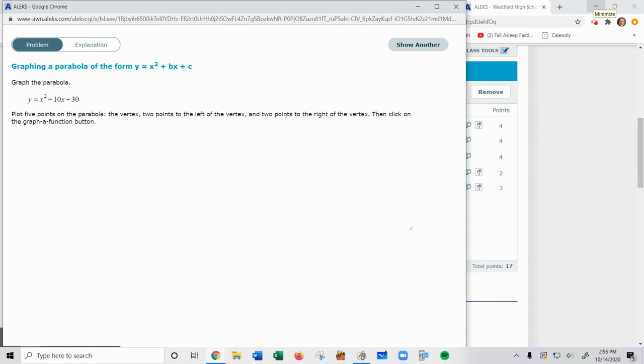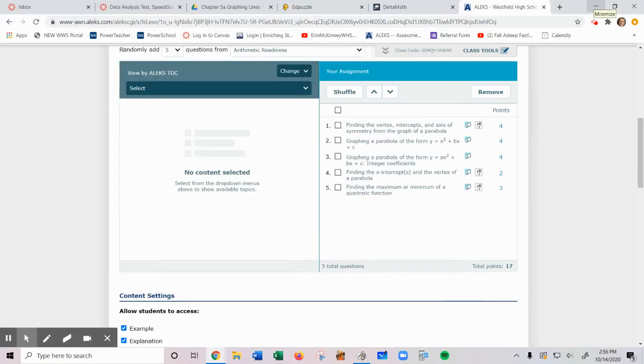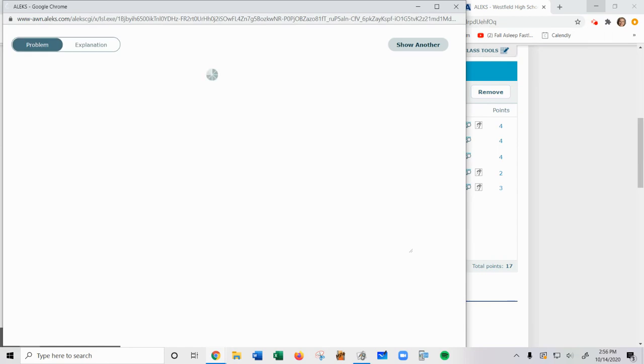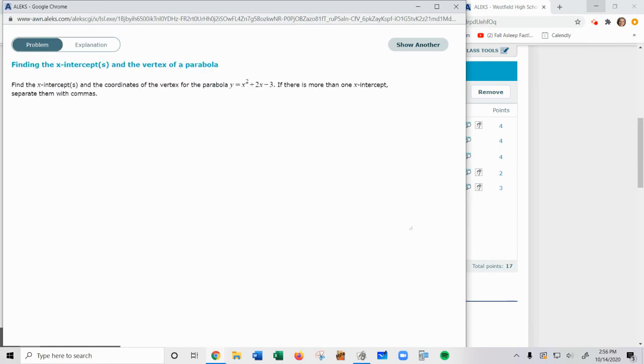The third type of problem that you are going to see in your review packet today is dealing with finding the x-intercepts and the vertex for a parabola.